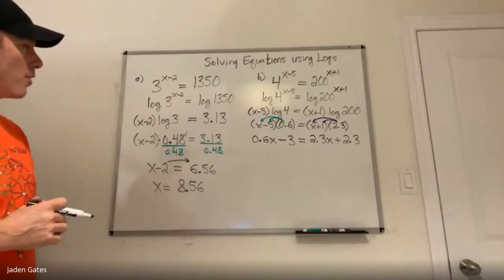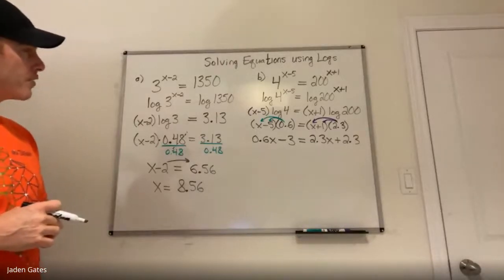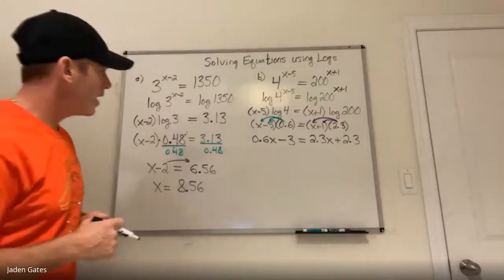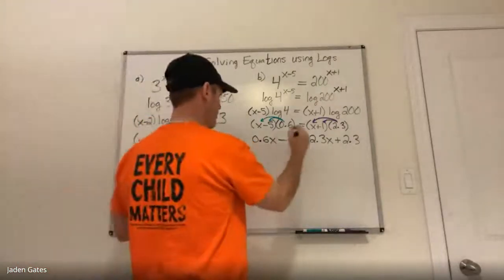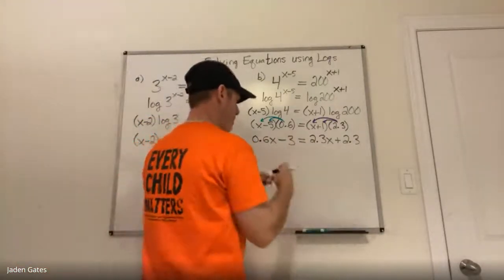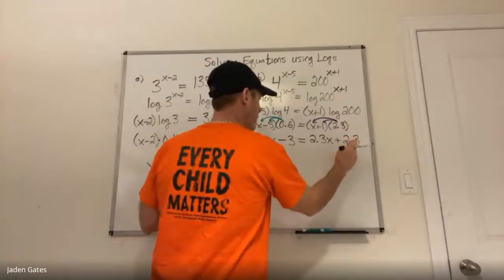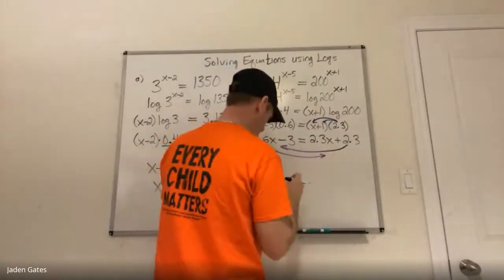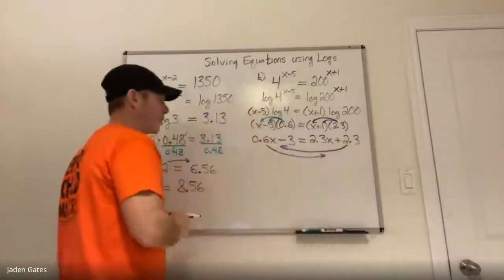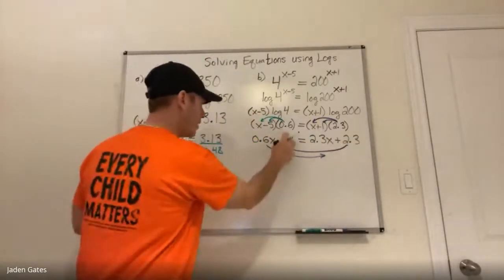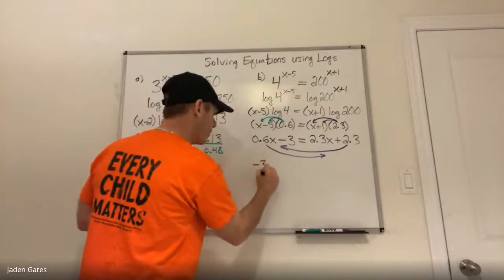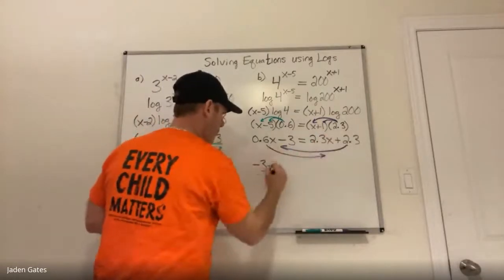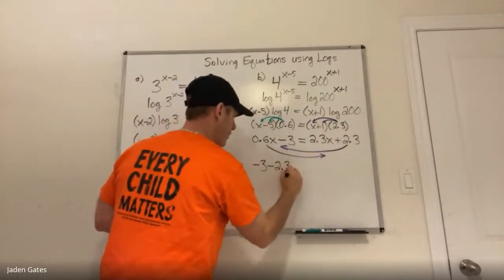Now we have an equation that hopefully we should be able to solve, where I get all my numbers to one side and all my letters to the other. Let's get all my numbers over this way. So I'll move my 2.3 over here and my 0.6x over there. All my letters are going to be on the right and all my numbers are on the left. So I have a minus 3 there. I bring the 2.3 over, it's a minus 2.3.